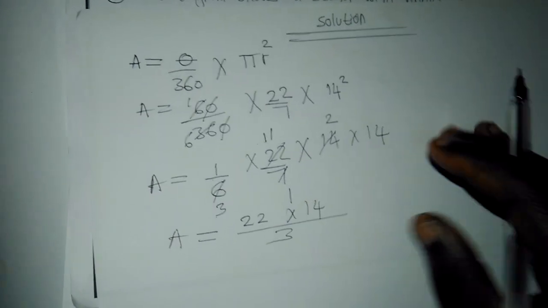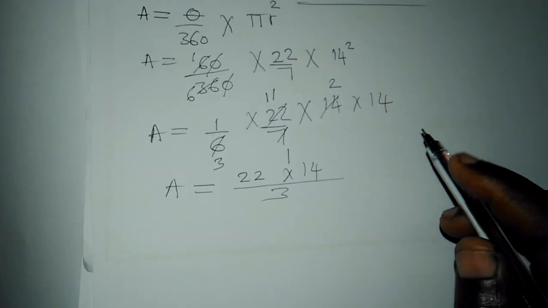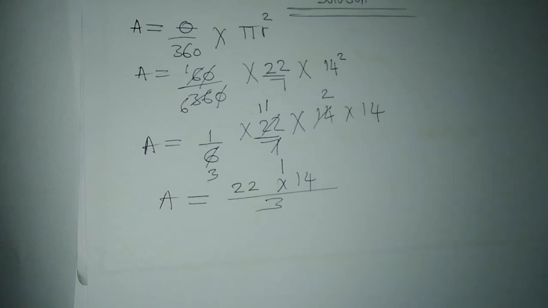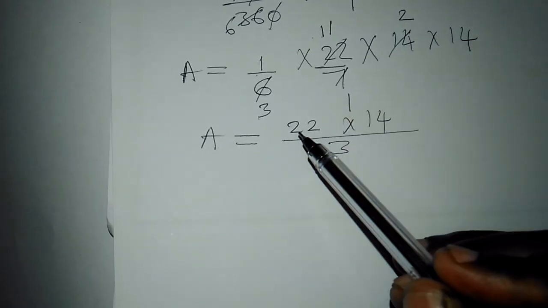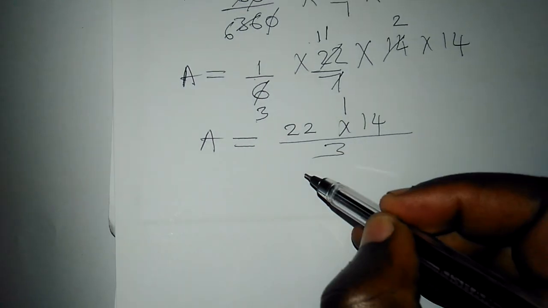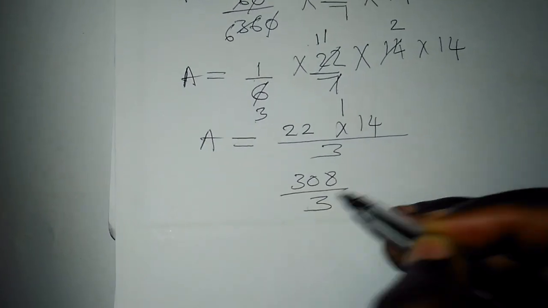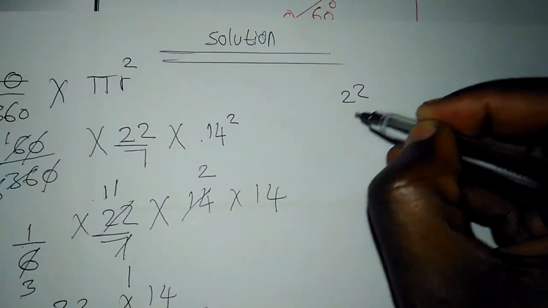At this point, what we are going to do is multiply 22 by 14. We will get 308 over 3.